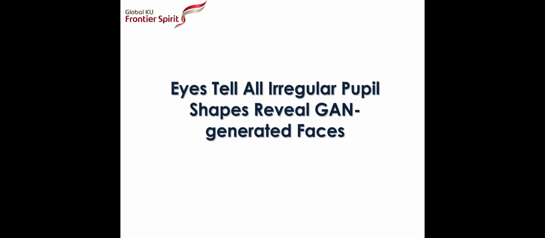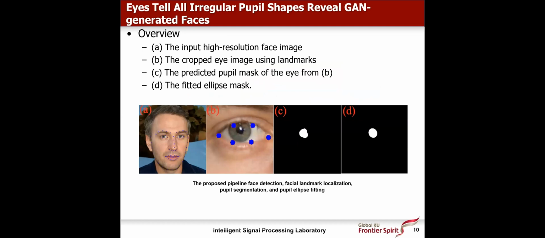Today's proposed method is based on the irregular pupil shape in order to detect GAN-generated faces. For the overview, we have a human face here. We want to detect this face first, then locate where the eye is, and then use some segmentation method to segment the pupil.